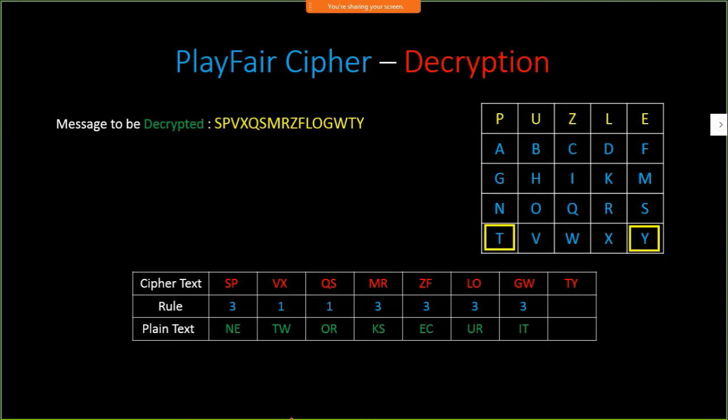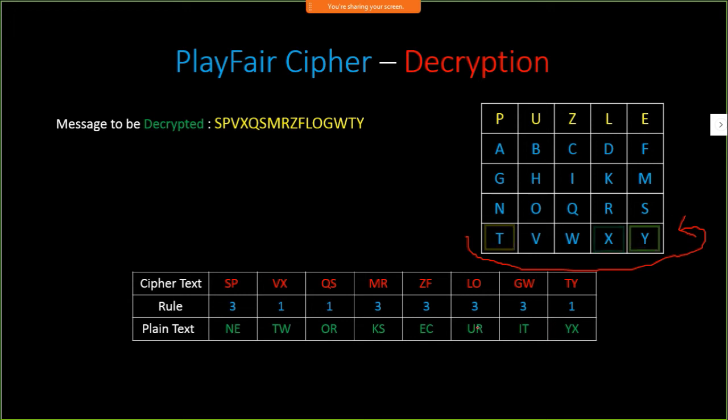And after that TY, that is the actual letters. As we know, if the letter is at the start, go back to the end of the same row. So Y's left letter is X. T's left letter, rotating in the same process, is Y. So that's the actual process.